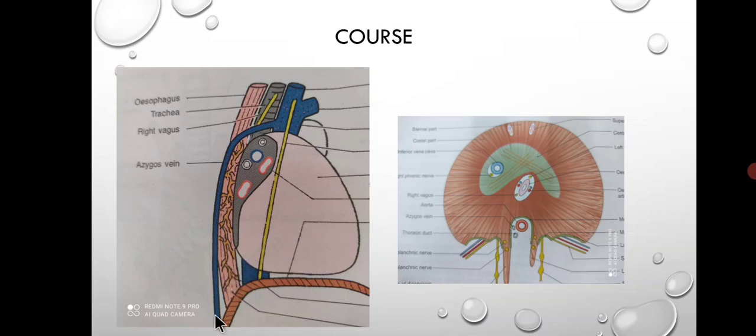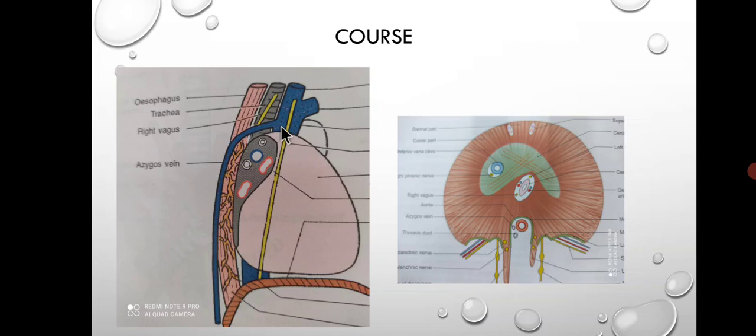After piercing, it ascends and lies in the thorax, and at the level of T4 it makes the arch of the azygous vein. This is the arch of the azygous vein, and finally it drains into the posterior aspect of the superior vena cava.